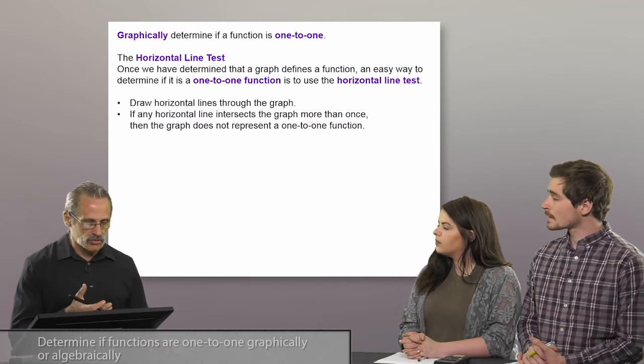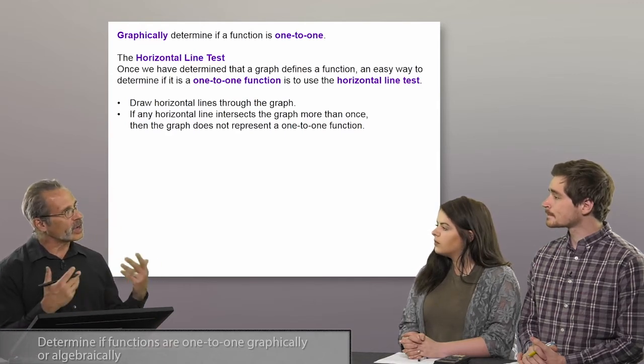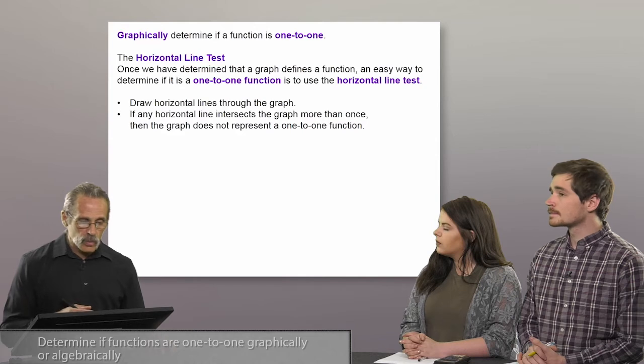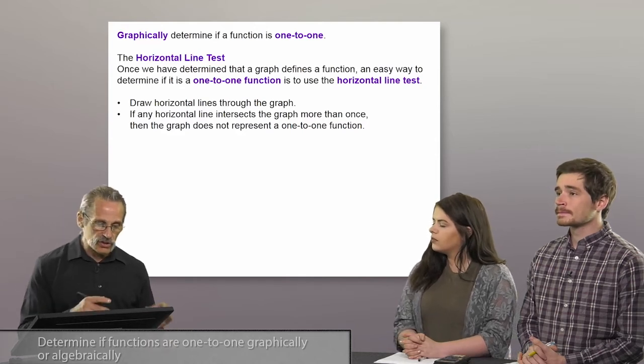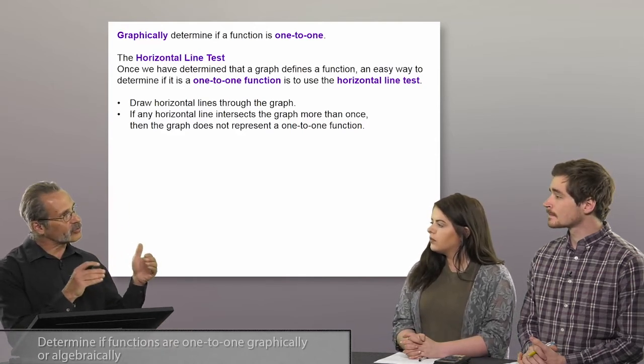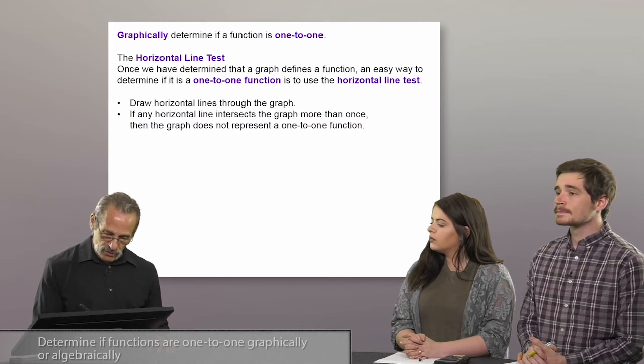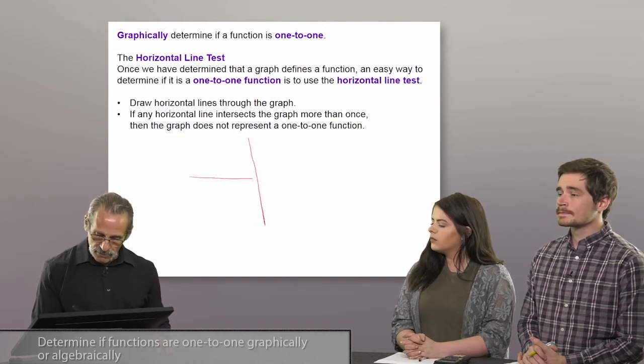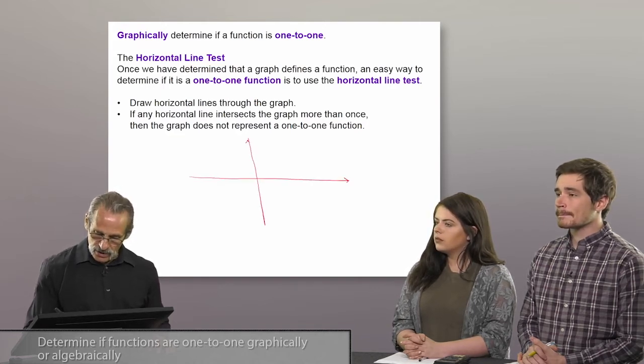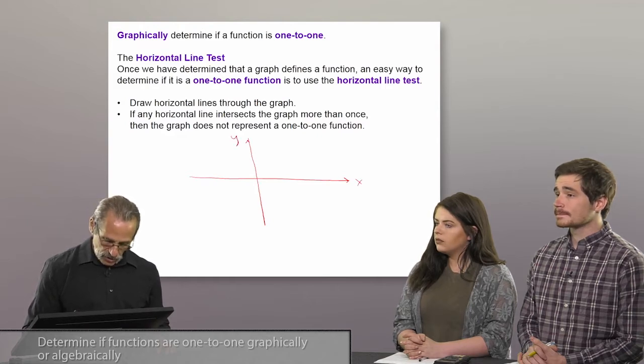And if I want to look at it graphically, I'll use something called a horizontal line test. The way a horizontal line test works is that I'll draw horizontal lines through the graph. So imagine a graph of a function. Here is the x-axis and here is the y-axis, and then I'll draw a function here in blue.